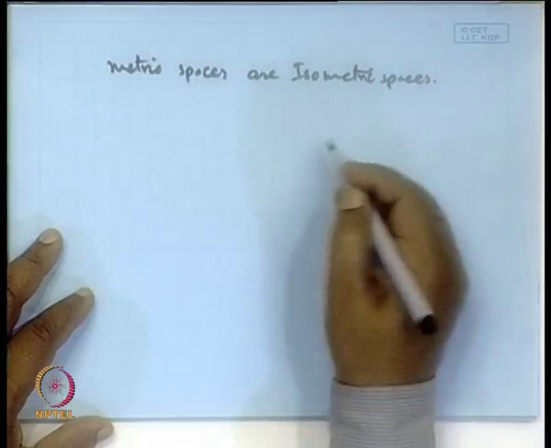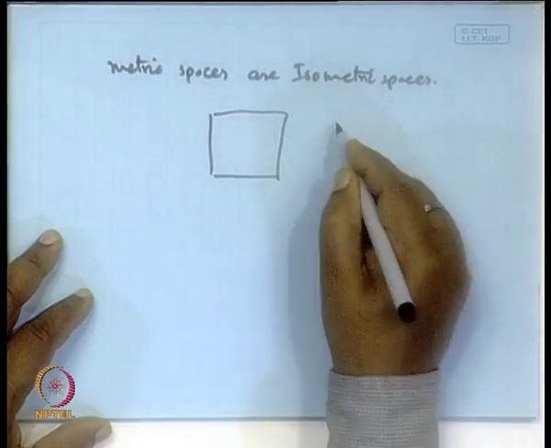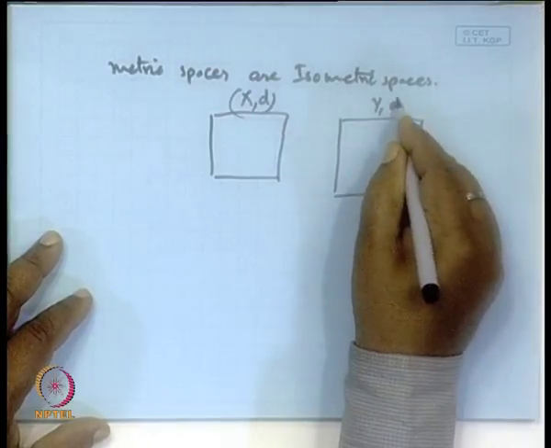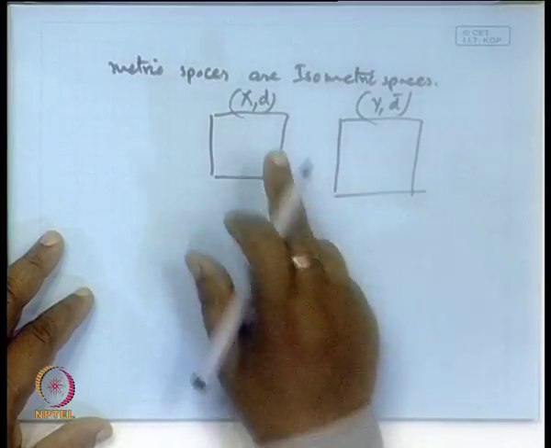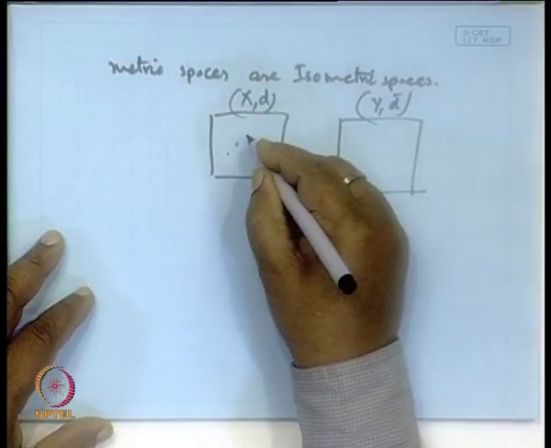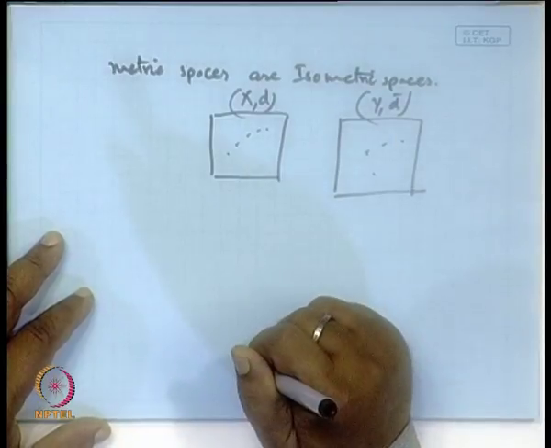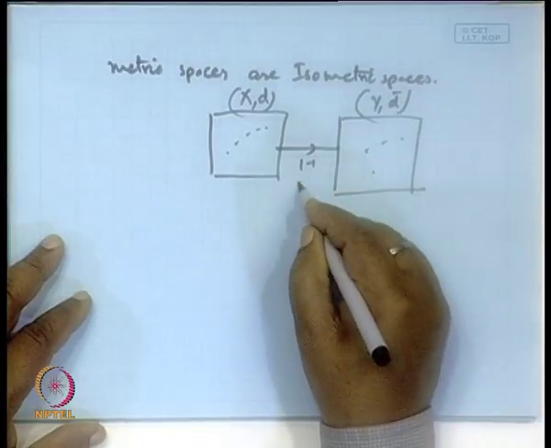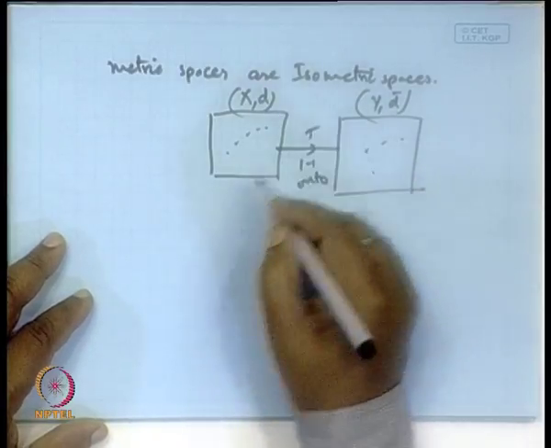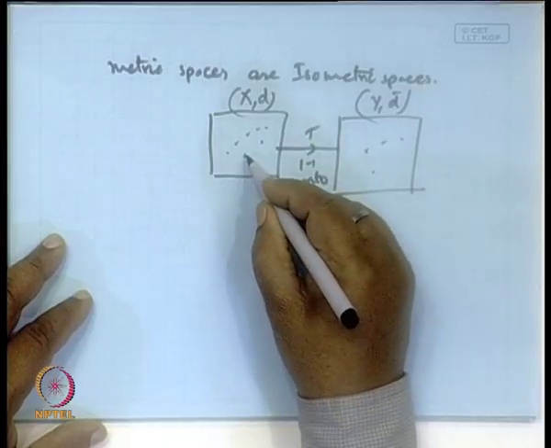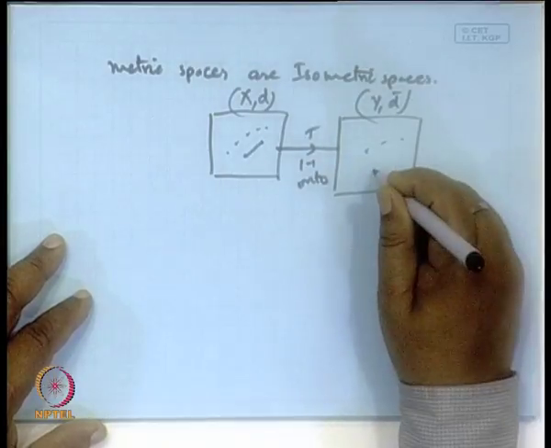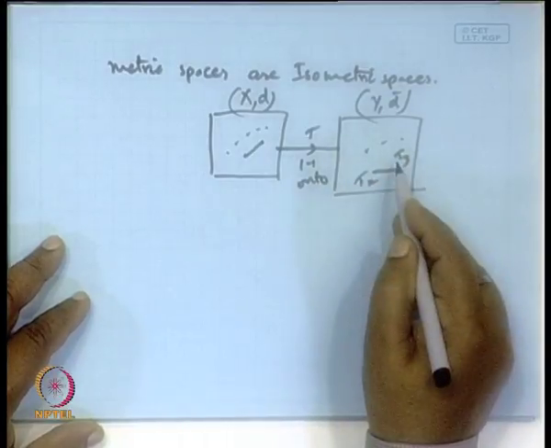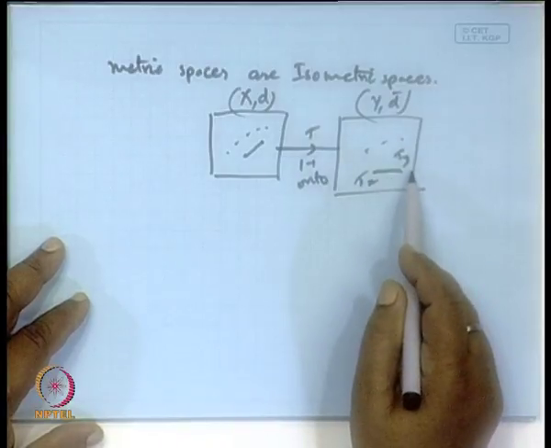So, basically when we have an isometric mapping, or two spaces are isometric, the nature of the elements may be different. Here the points are different, there the points are different, but what is important is that there is a one-to-one correspondence, a one-one onto mapping T, and if we pick any two points here and find the distance, the corresponding images will have the same distance between Tx and Ty.